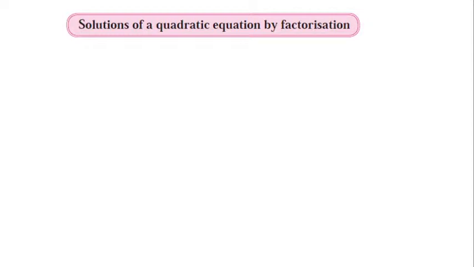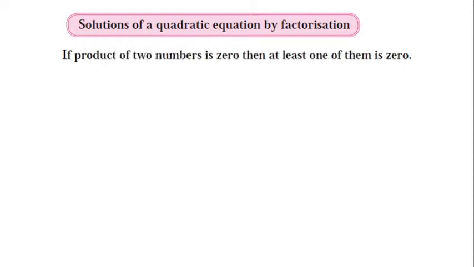So to understand that, let's have one question, and a basic concept we are going to use in that factorization, that if the product of two numbers is 0, that means any one of them must be equal to 0. For example, suppose 3 into 2. In any case, this product would not be 0. 3 into 2, that's 6.